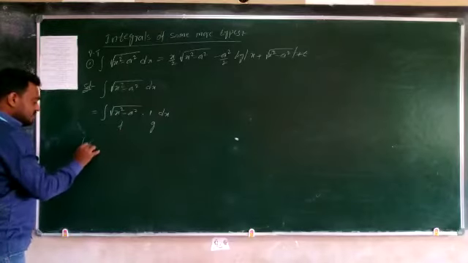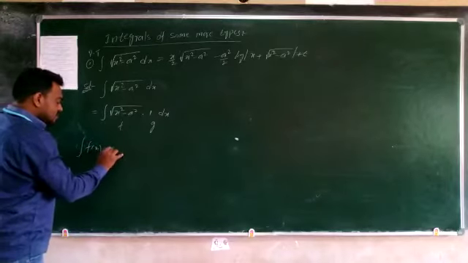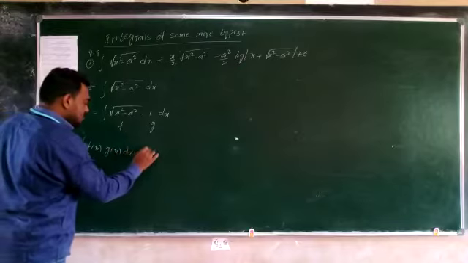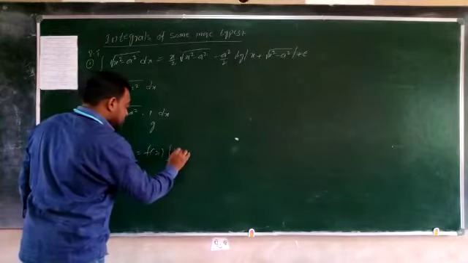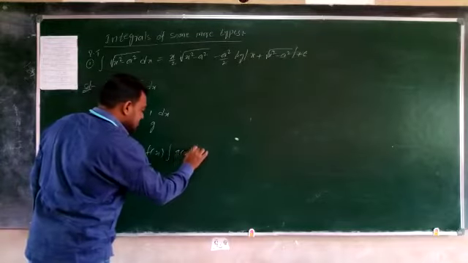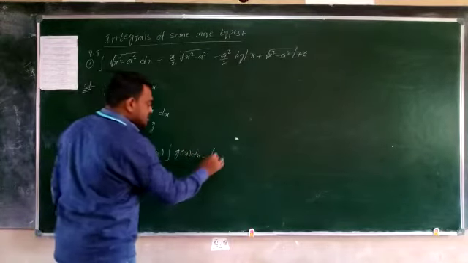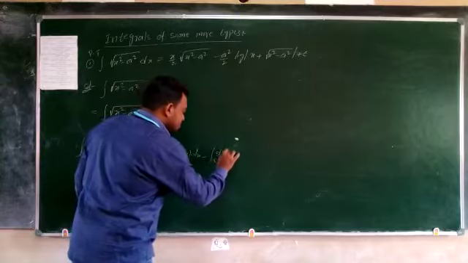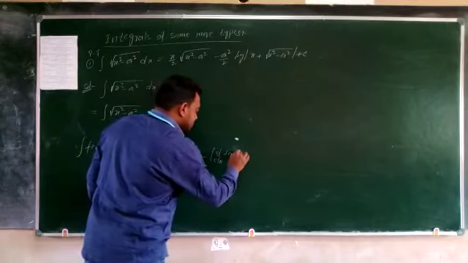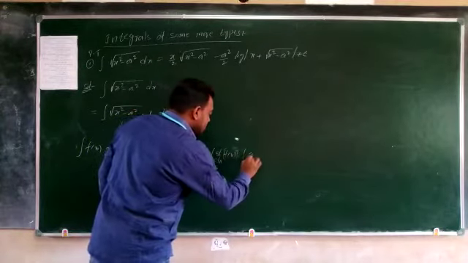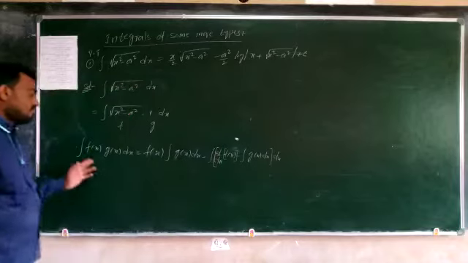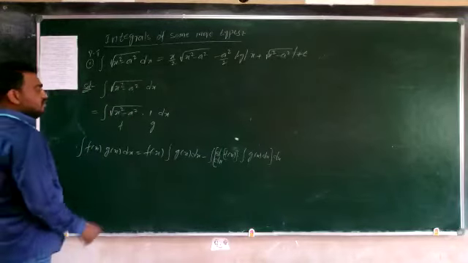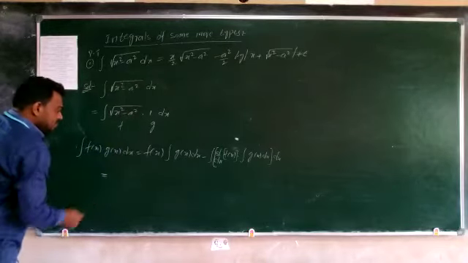Then integration of f of x into g of x dx is equal to what? F of x into integration of g of x dx minus integration of d by dx of f of x into integration of g of x dx, whole into dx. This is the formula for the integral of a product of functions. So now you apply this.